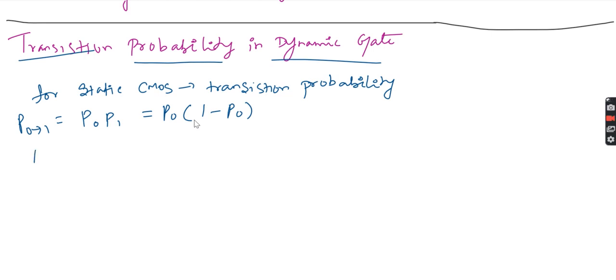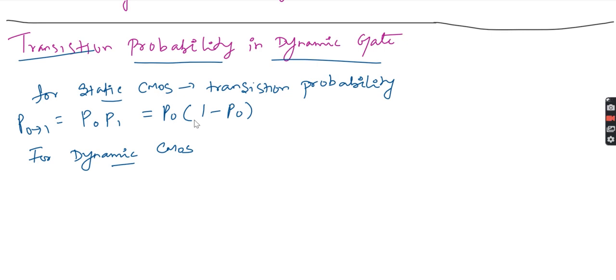Now in case of dynamic CMOS, as I said earlier, there is a difference between static CMOS and dynamic CMOS, at the same time in how many transistors are required to design the static CMOS circuits and the dynamic CMOS circuits.